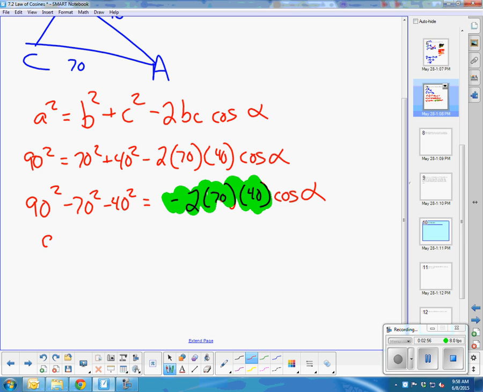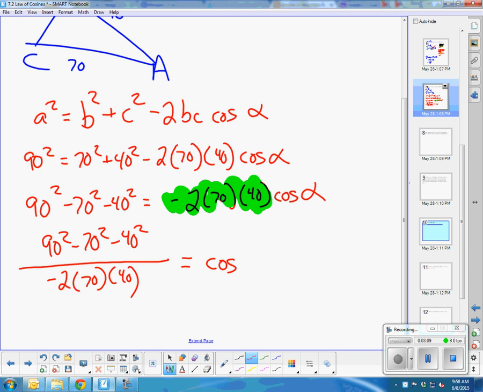So that is going to give me 90 squared minus 70 squared minus 40 squared over negative 2 times 70 times 40. The calculator can do that work in a minute. I can just write it, giving me cosine alpha. To find alpha, I'm going to need to use the inverse cosine function.